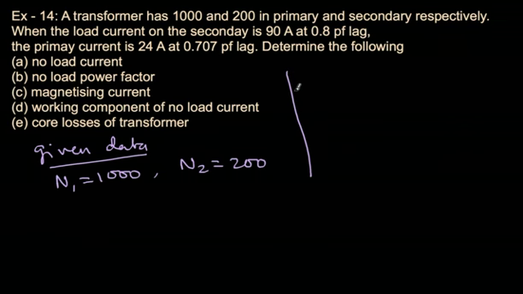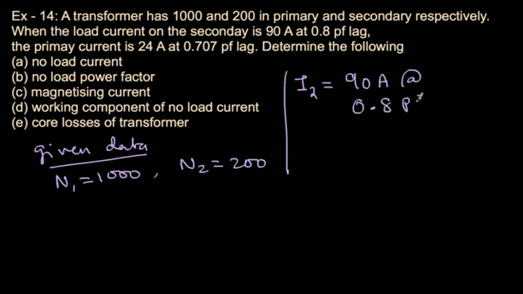So also given I2 is 90 amperes at 0.8 power factor lag.